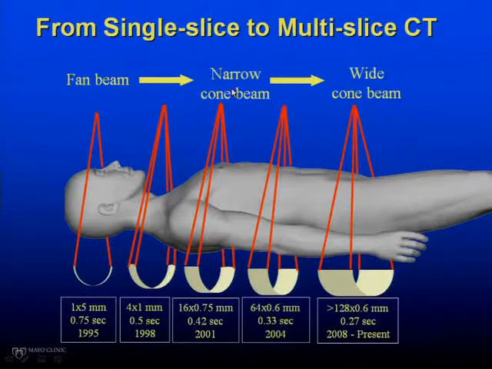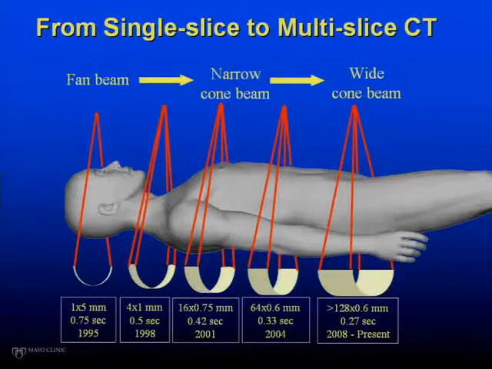After the invention of the helical scanning technology, it became widely recognized that wider detector collimation can provide faster scanning speed, can achieve isotropic spatial resolution, and can better utilize the tube power.